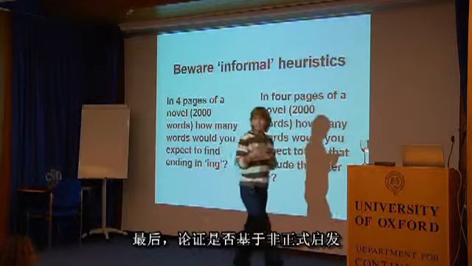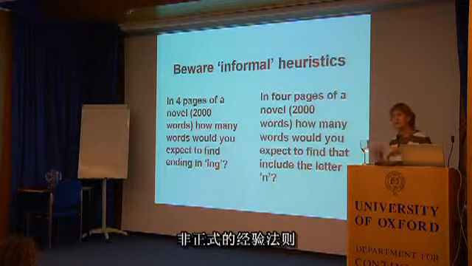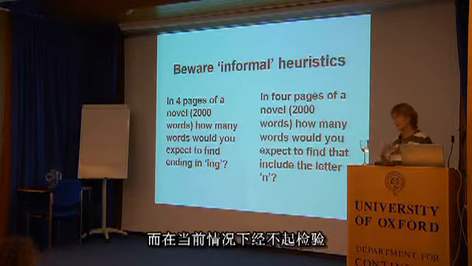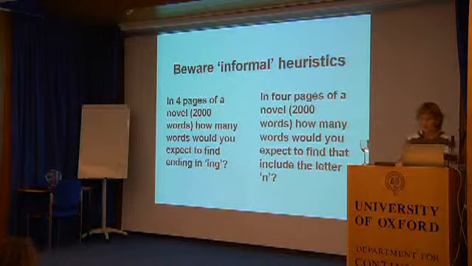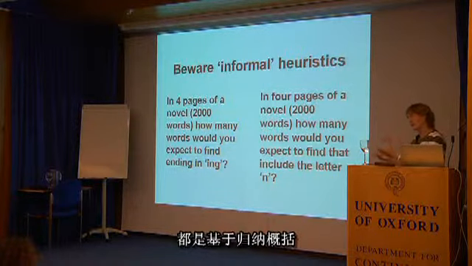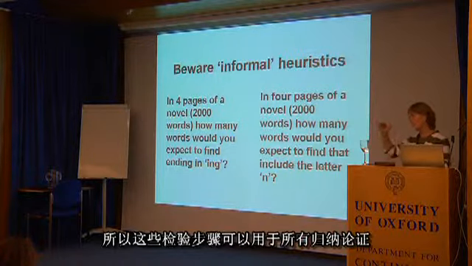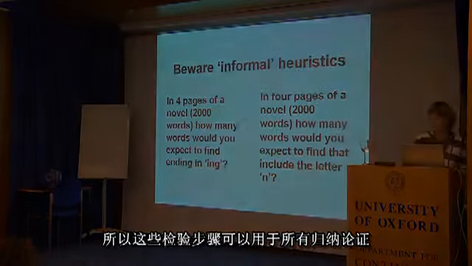And finally, is it based on an informal heuristic, an informal rule of thumb, that just won't stand up to proper scrutiny? And as I said, all inductive arguments are based on inductive generalizations, and so that little way of testing things can be used for all of them.